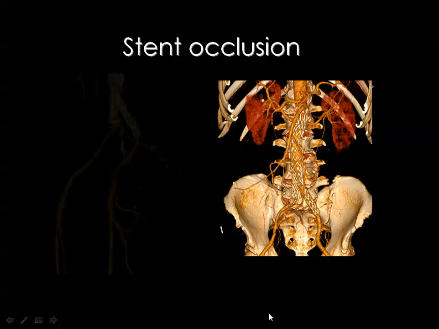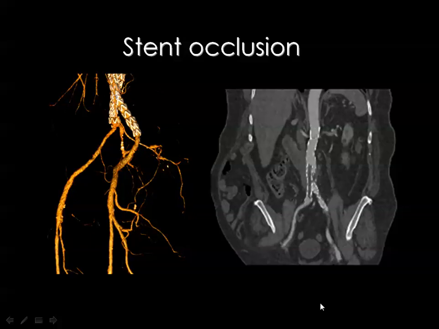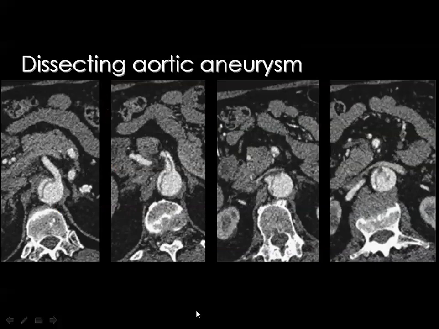Then the CT scan is also one of the non-invasive techniques to assess the patency of the stents or occlusion of the stents, as in this case. And you can see this is an aortoiliac stent, and the right side part of the stent has been occluded.